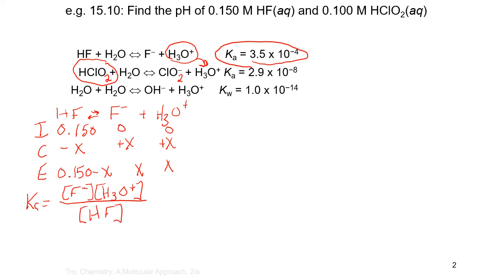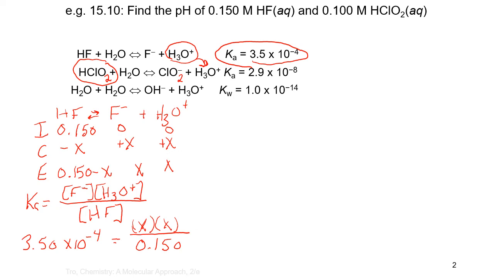And we can substitute in the values here. So X for our fluoride, X for the H3O plus, and again, we're going to assume that the X is small, so this is just going to be our initial concentration of HF.